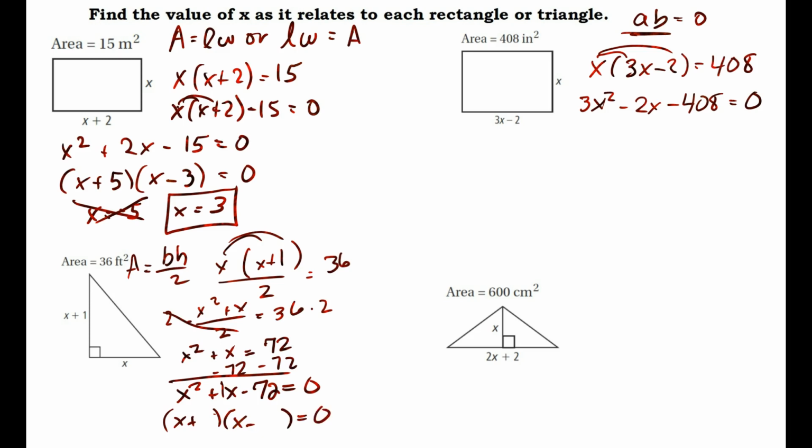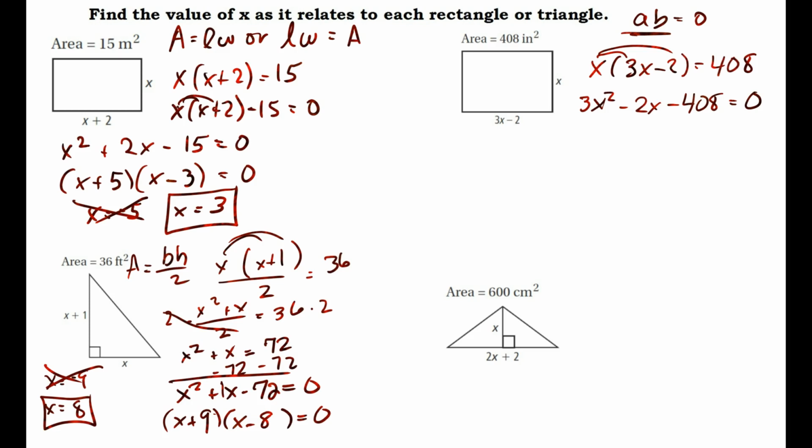And now we know the 8 has to be the smaller number, the 9 has to be the larger number. And so we know that the roots would be a -9 and a +8. But only one works for the context of the situation. So we know -9 does not work. X has to be 8.